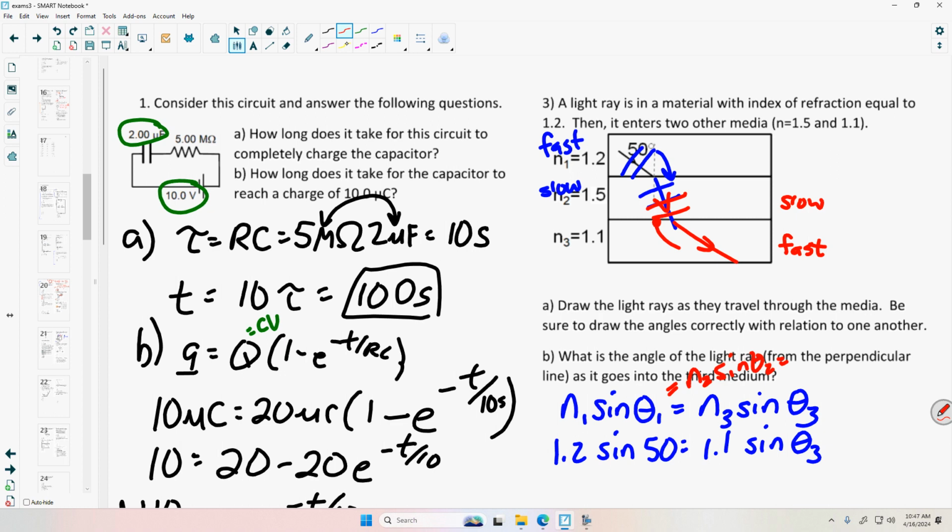Okay, because the index of refraction is 1.2, and when I say fast, it's faster than it is in the second one, because the index of refraction is 1.5, and when my n goes up, that means my speed goes down. If you remember, that is based on our definition of n.